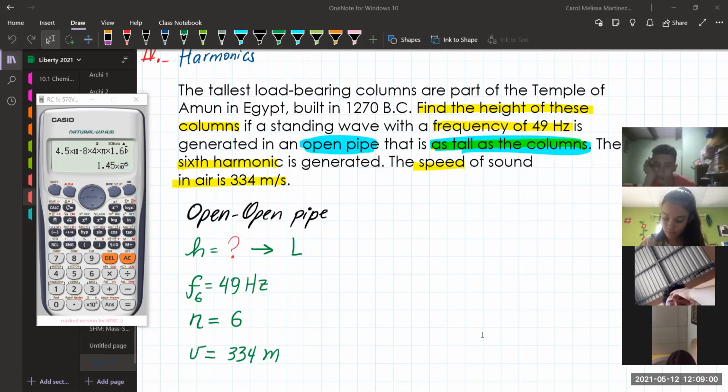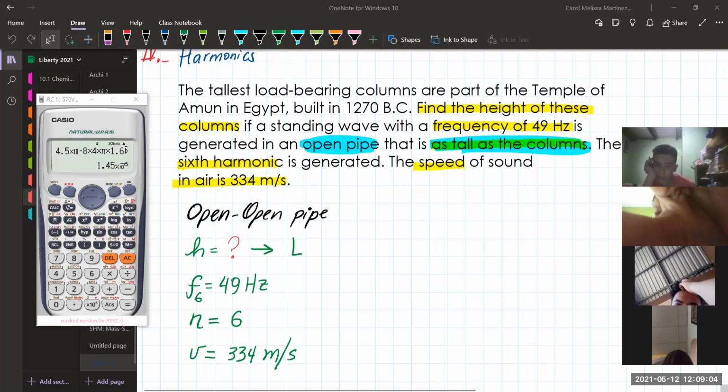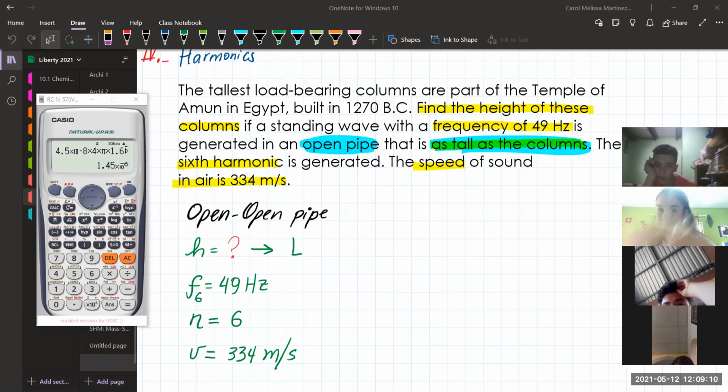Now, in an open pipe, the formula that we have to use for length, because we have an open pipe, we need to use this equation to calculate the length.